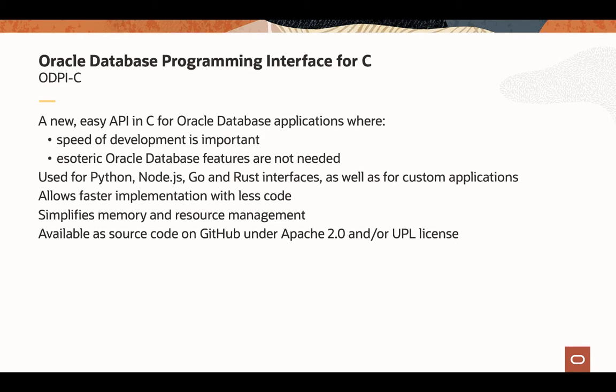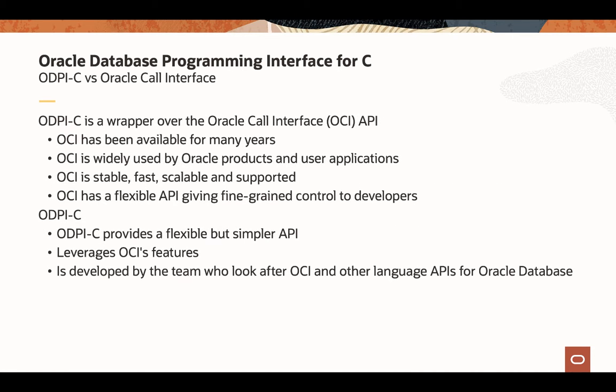ODPI-C is an easy API for C programmers and obviously C++ programmers. It simplifies development and is aimed mostly at people who are writing language drivers on top of the Oracle client libraries, who want to connect to the Oracle database. OCI is widely used, fully featured, very flexible.